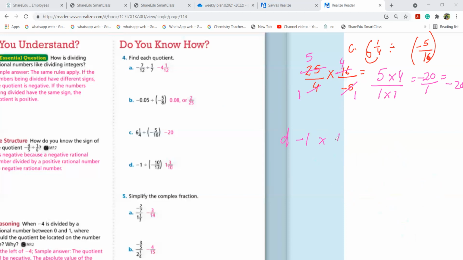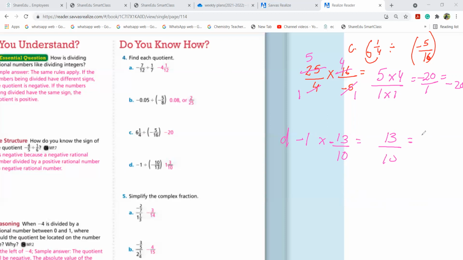Girls, is it minus 10 over 13? I changed to multiplication, that's why I flipped. So you get 13 over 10.